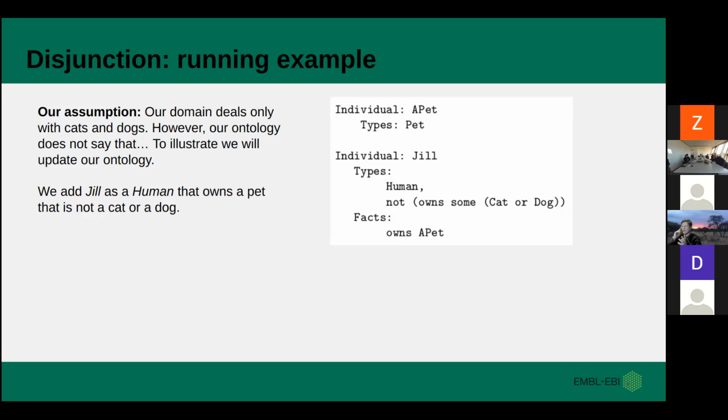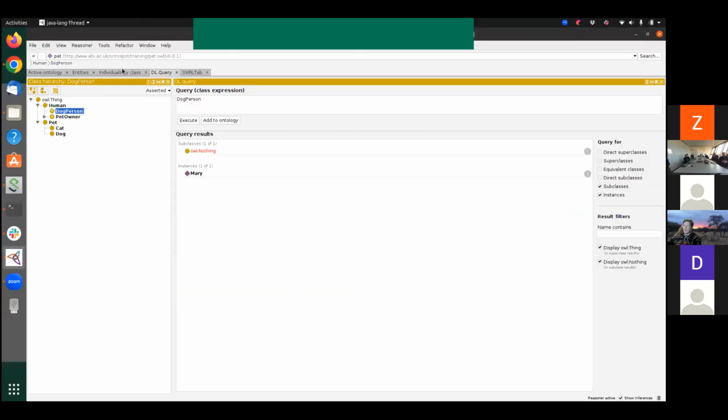Remember right in the beginning, I said our universe only deals with cats and dogs. So we might think that there are other animals out there, but for this ontology we want to say we only have pets that are cats or dogs. So if I do this, I would expect the inconsistency if my ontology is really capable of ensuring that I can only have cats or dogs. So let's see how it goes. I'm going to add this individual.